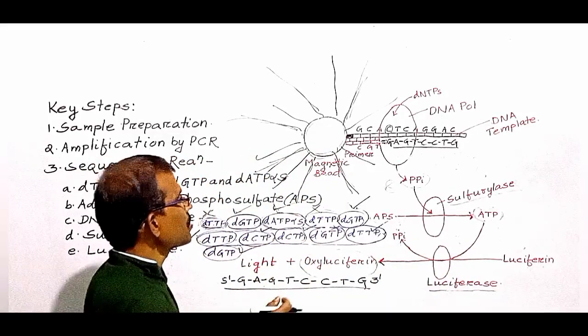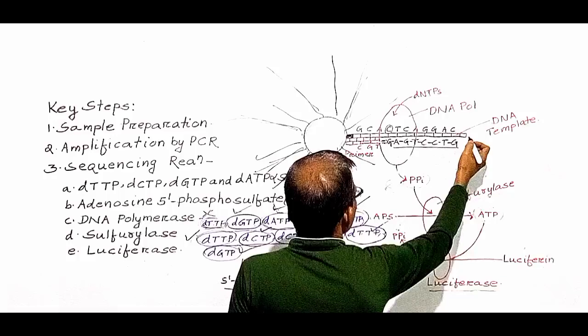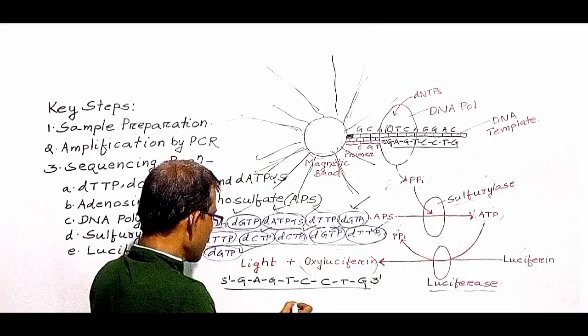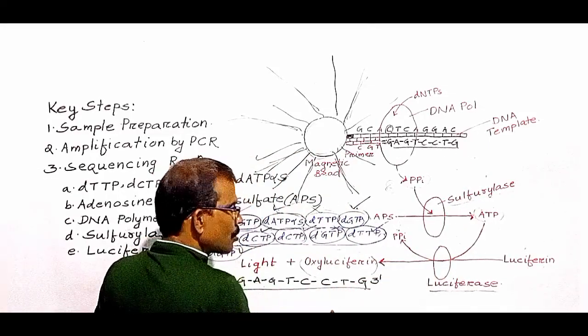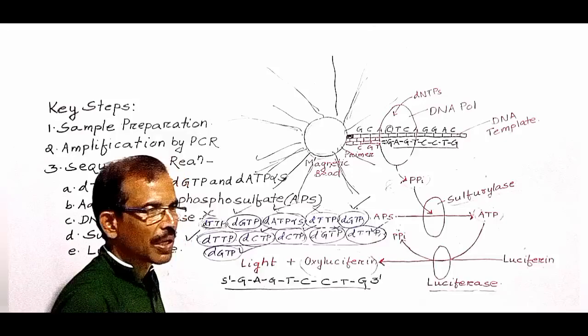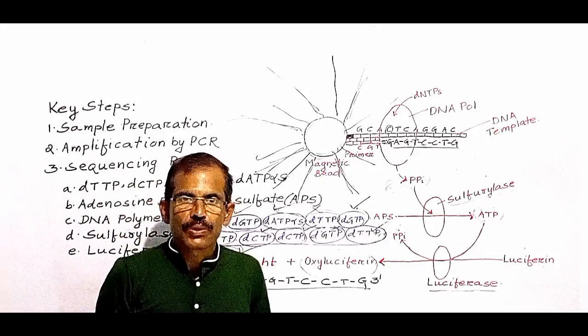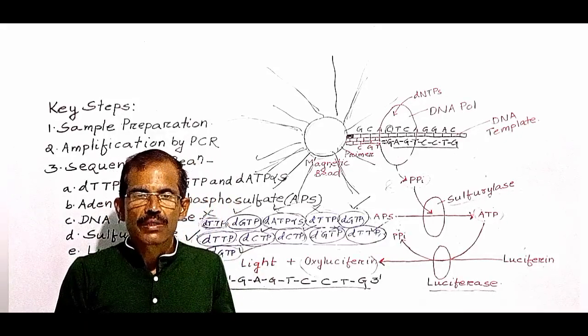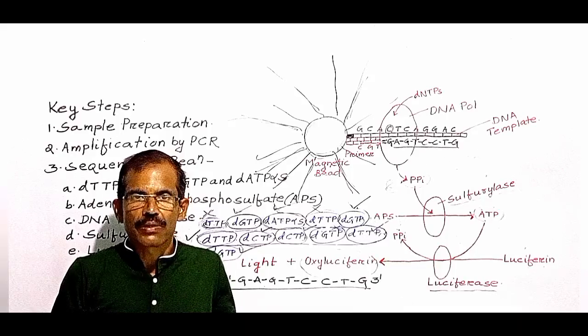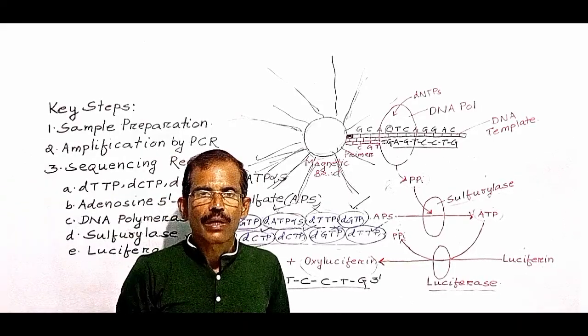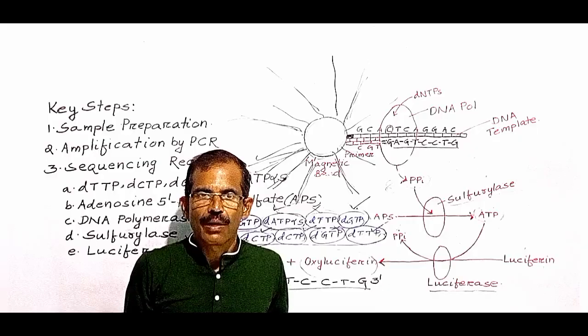This is because the sequence of the template strand is complementary to the sequence of the new strand. So in this way, in pyrosequencing, by immobilizing a large number of DNA fragments on magnetic beads, genomic sample can be sequenced within short time.